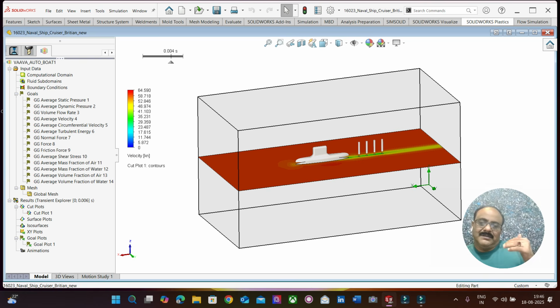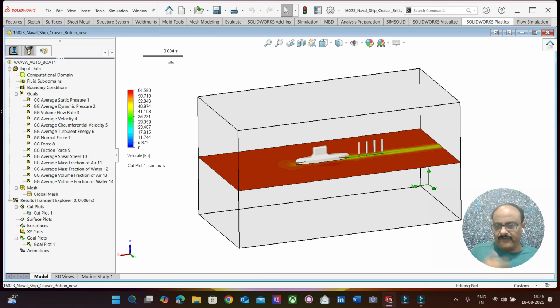So this surface is going to indirectly create a shear force between air and water. That's what I am trying to define. Then I am trying to find out the mass fraction of air and the mass fraction of water, and also the volume fraction of air and the volume fraction of water. These are the most important hydrodynamic parameters which I need to figure out.